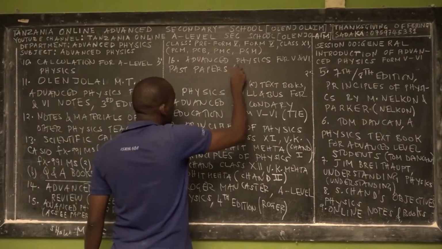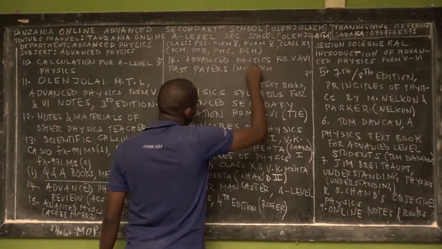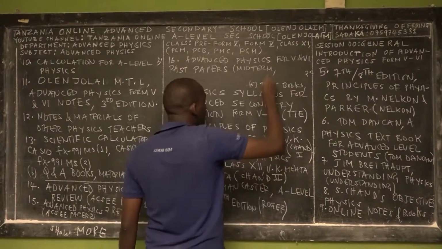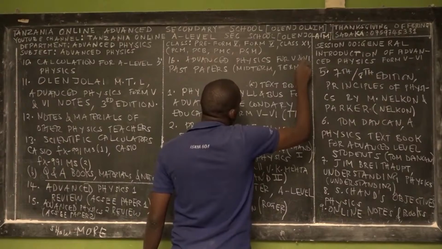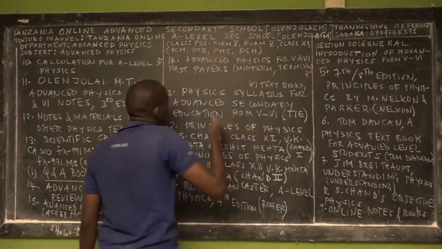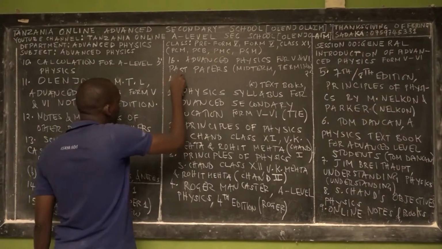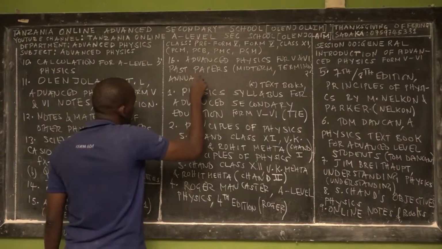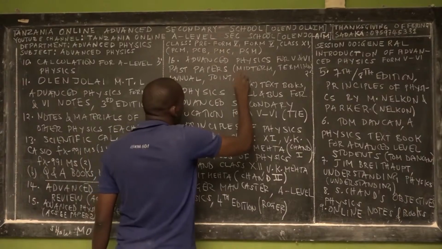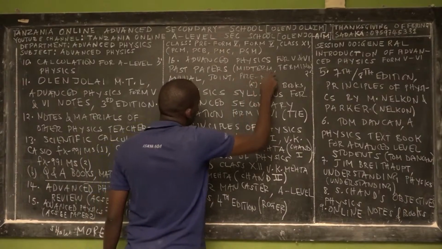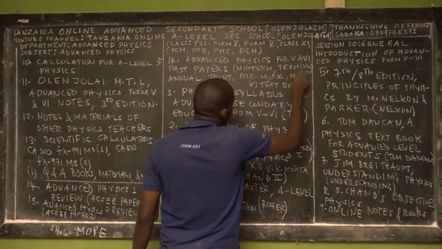And it can be the mid-term past paper of your school, and also you have the terminal past paper, it can be the annual past paper, it can be a joint past paper, it can be a pre-mock past paper, then it can be a mock past paper.